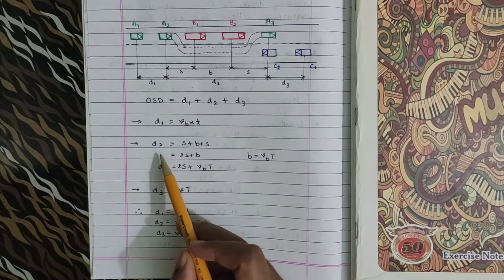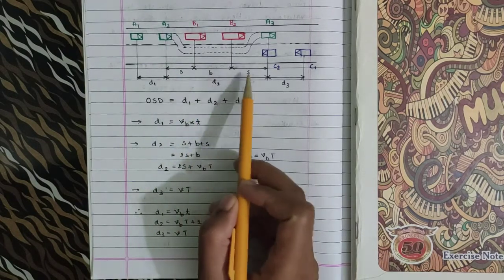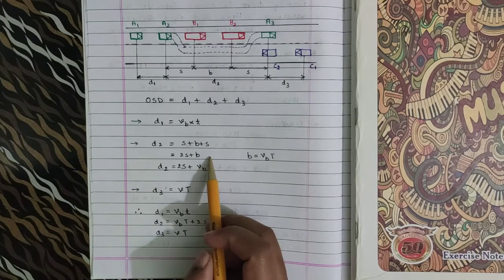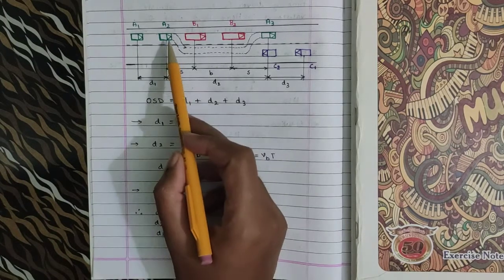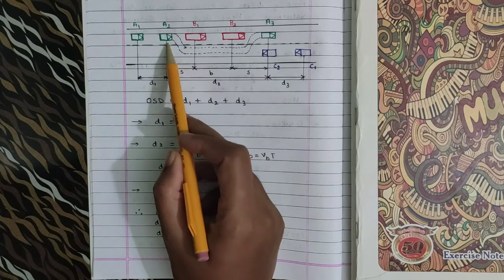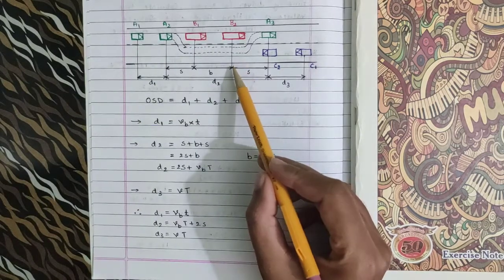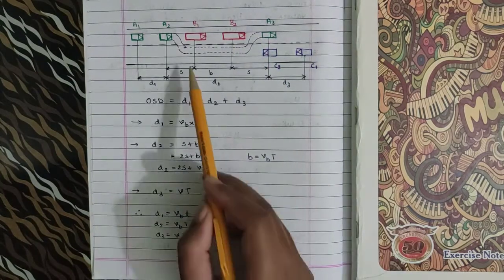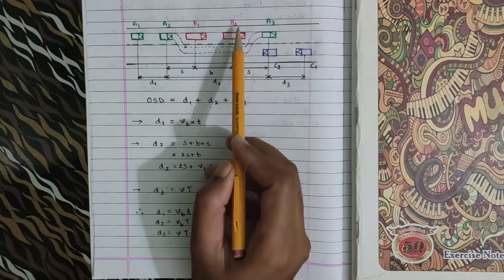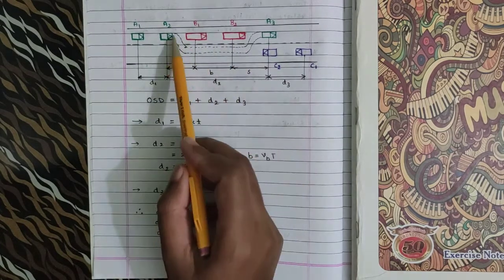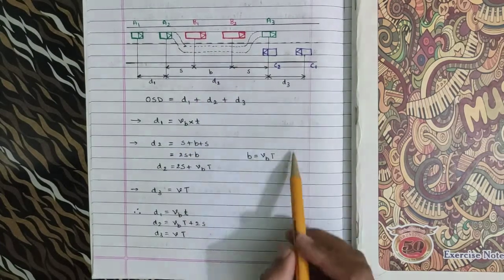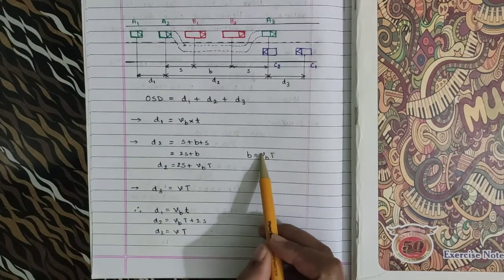Then D2 is equal to S plus B plus S, so you can write it as 2S plus B. Here S is the spacing between vehicle A and vehicle B, and likewise the spacing between vehicle B and A. Then B is the distance traveled by vehicle B during the actual overtaking operation, done in time capital T with the speed VB.